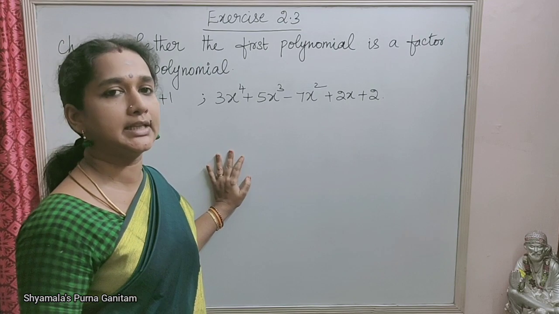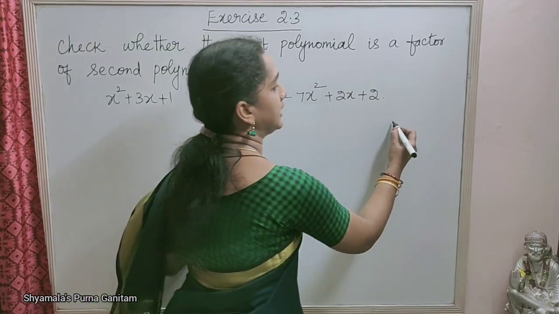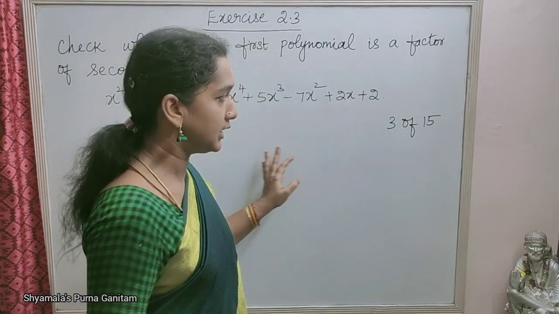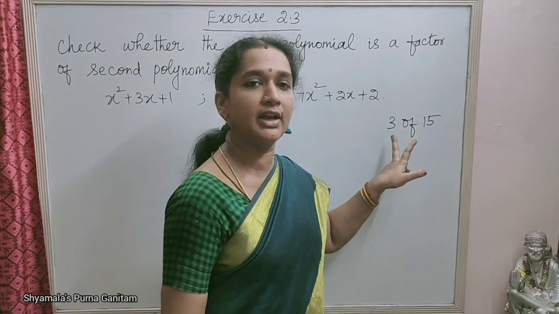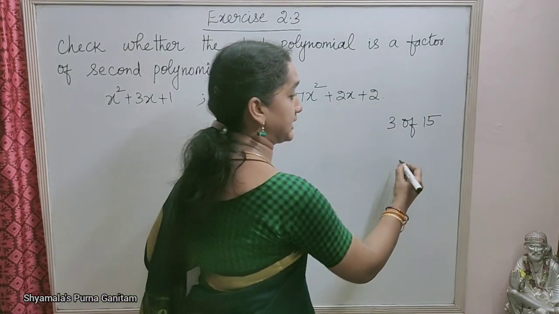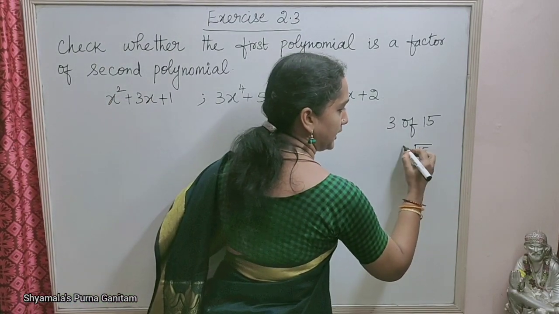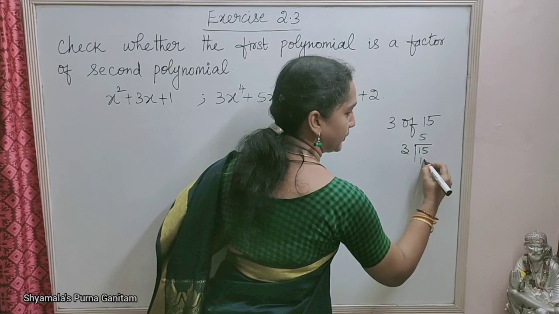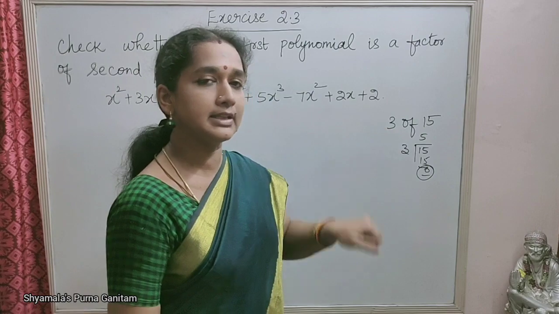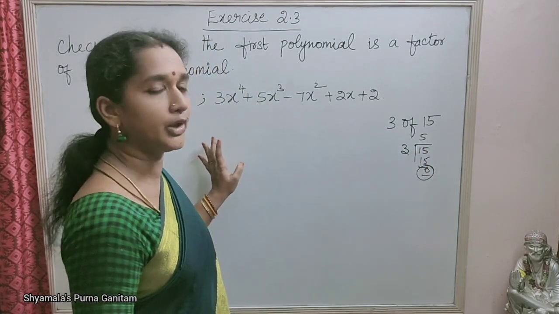When will you say that it is a factor? When will you say 3 is a factor of 15? When you are dividing 15 by 3 and you are getting the remainder as 0. 3 fives are 15, remainder 0. Then you will say that 3 is a factor. The same thing we are going to do here also.